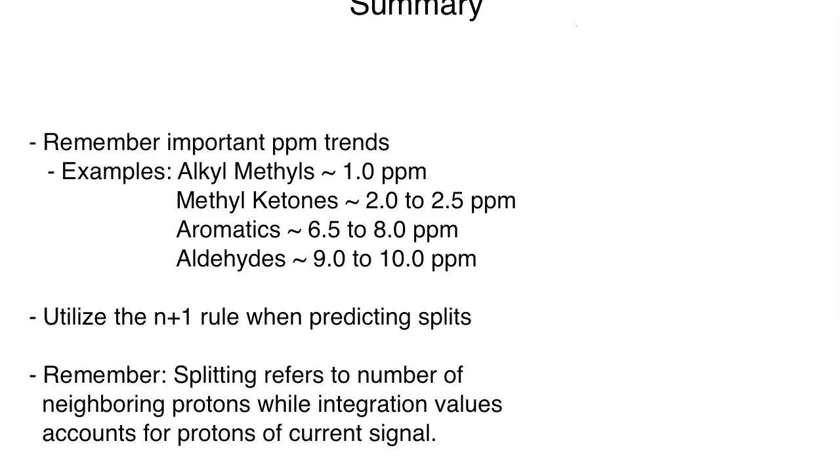Methyl ketones, 2 to 2.5, aromatics 6.5 to 8, aldehydes 9 to 10. Those, again, are some examples. We talked about others like allylic and benzylic and aromatic toluenes and things of that nature. But having a good grasp on where some of these should fall will help you eliminate choices very easily when you get ready to start looking at the multiple choices.